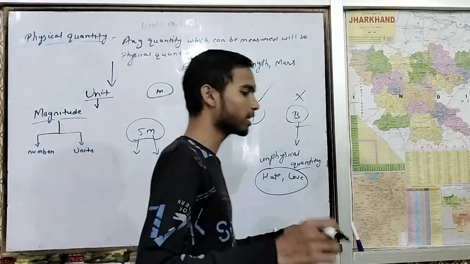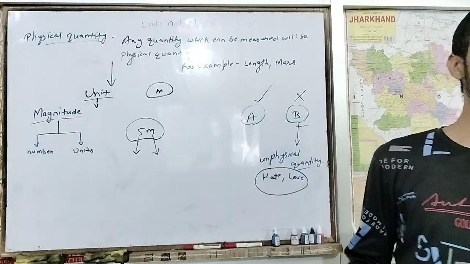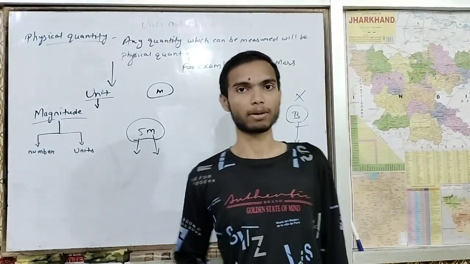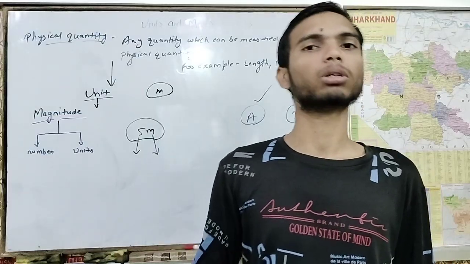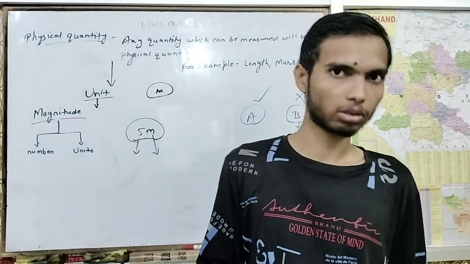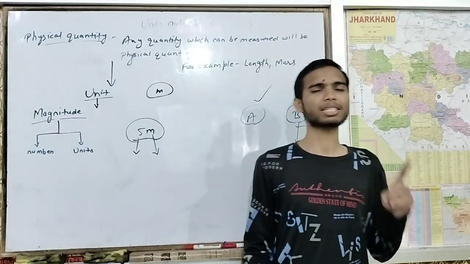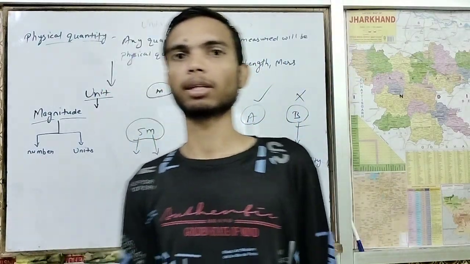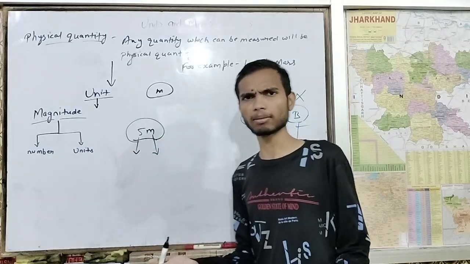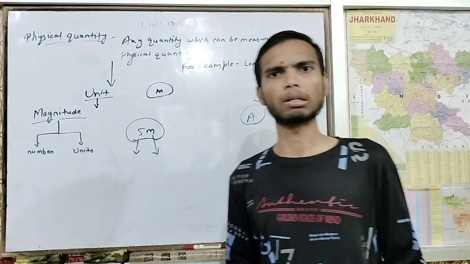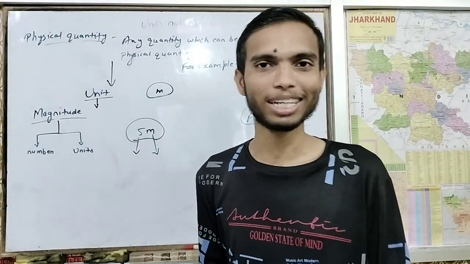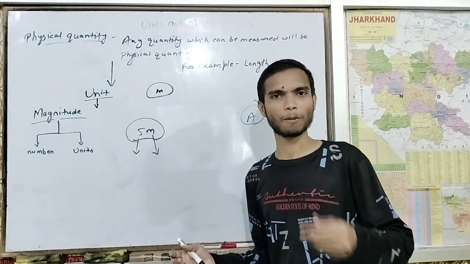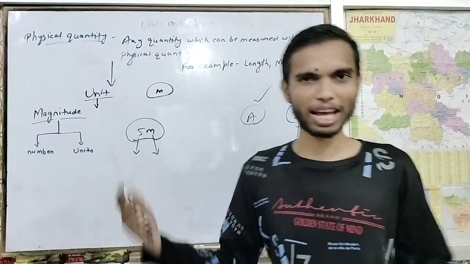So remember, don't write only a number, and don't write only a unit. You have to use both unit as well as number to show a magnitude. Magnitude is just a combination of number and unit. The unit can be anything: liter, Newton, anything. The number can be any length: 5,000, 5 lakh, any number.